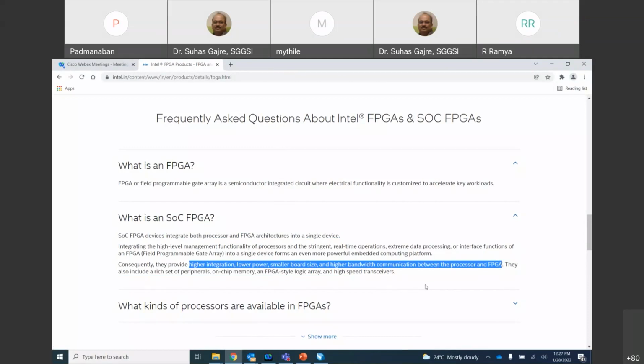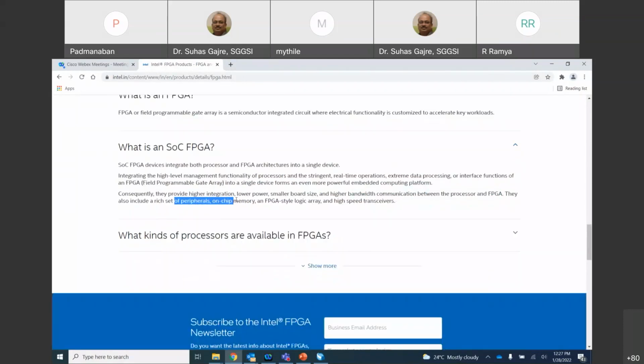When both are present in a single device, you are able to get higher integration, lower power, smaller board size, higher bandwidth, all those things. Along with that, another advantage is that they also include a rich set of peripherals, on-chip memory, and high-speed transceivers. Everything is available. Okay, this is the first question which we need to understand.